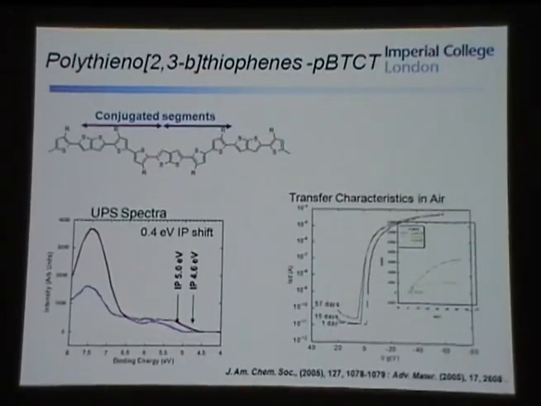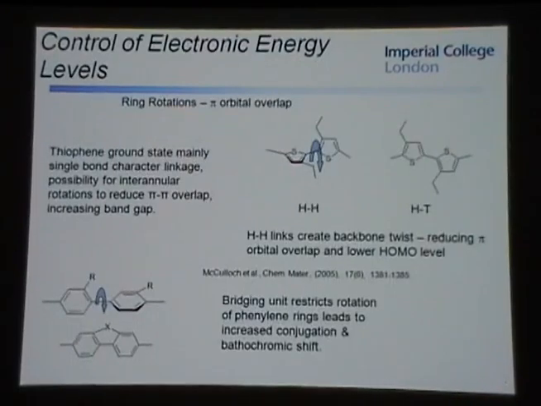So this is a UPS measurement of this polymer versus PTHT, which is the one shown here in red. So you can see by introducing this cross-conjugated segment, you've made it approximately 0.4 electron volts harder to oxidize, even though it's an all thiophene backbone. So that's one way to do it.